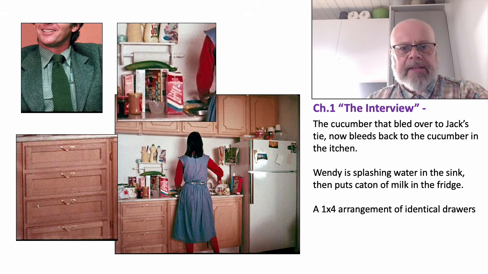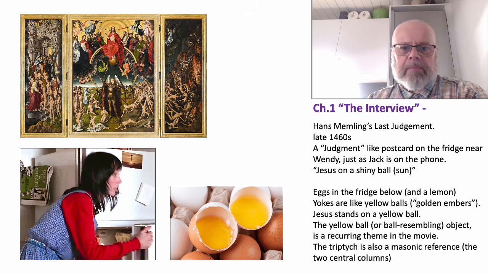Wendy is splashing water in the sink, then puts a carton of milk back in the fridge. A 1x4 arrangement of identical drawers is below her, or next to her. Okay, so Hans Memling's Last Judgment from the late 1460s. A judgment-like postcard on the fridge near Wendy just as Jack is on the phone.